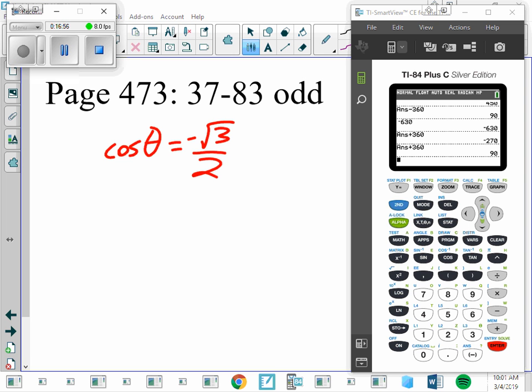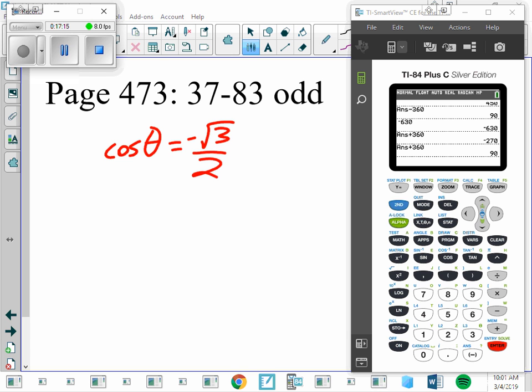This next section might look a little tough, but it's actually pretty easy. It says, find all possible values of theta between 0 and 360 degrees for which the following is true. I'm just making one up; this is not in your book.